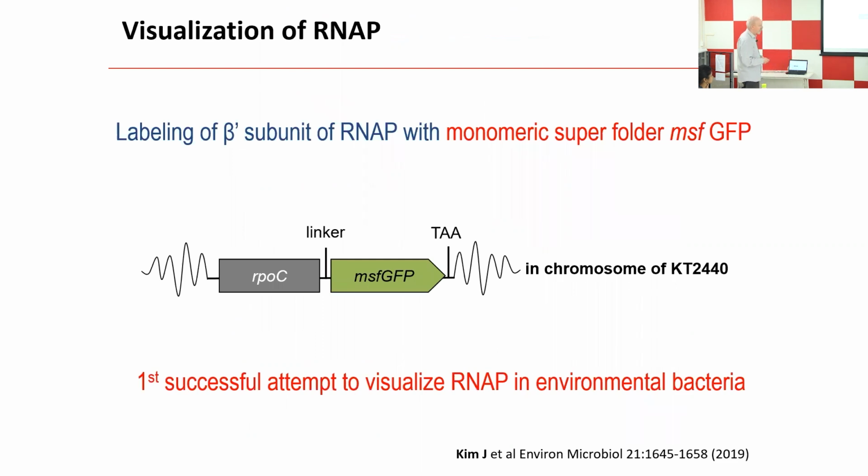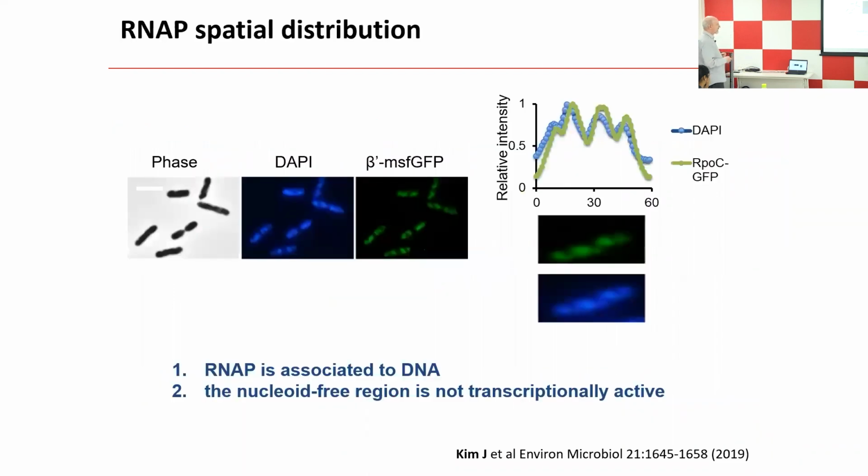But you can ask more questions, not only where the plasmids are: where is RNA polymerase? One way of looking at that, and there have been tremendous advances in this, is to make a fusion between one of the genes that encode one major subunit of RNA polymerase, called RpoC, and a fluorescent marker, for instance, monomeric superfolder GFP. And then you look at the cells, and what you obtain is again that the polymerase is not all over the place, it is found in specific sectors of the cells.